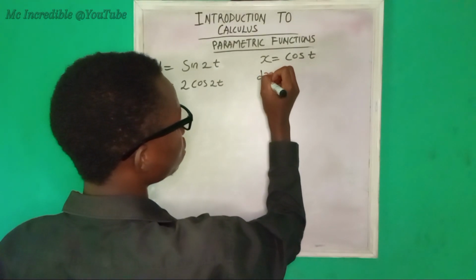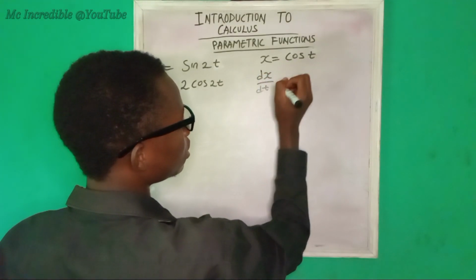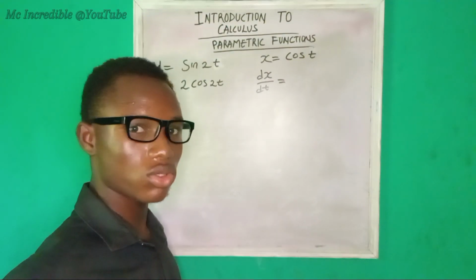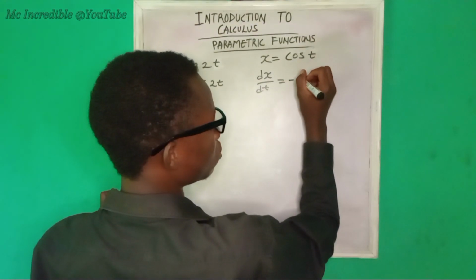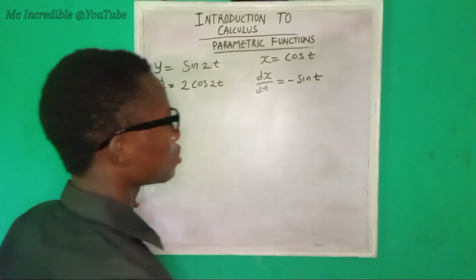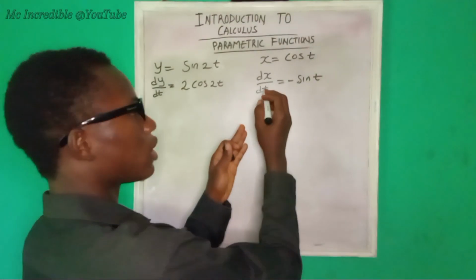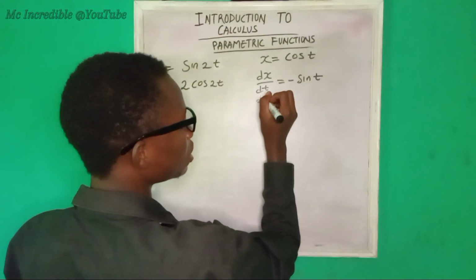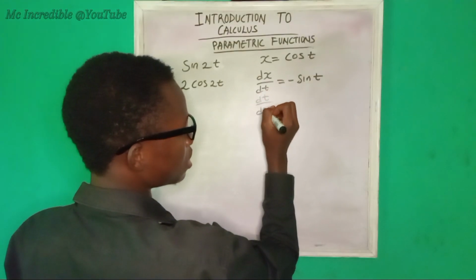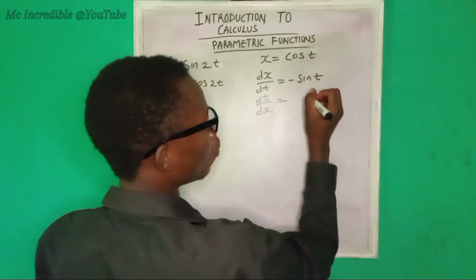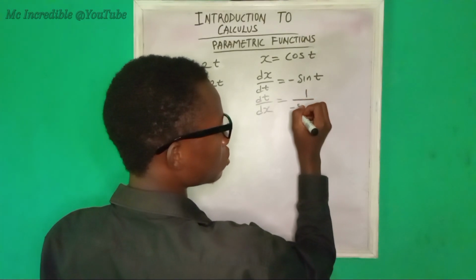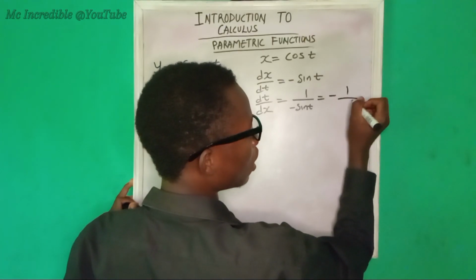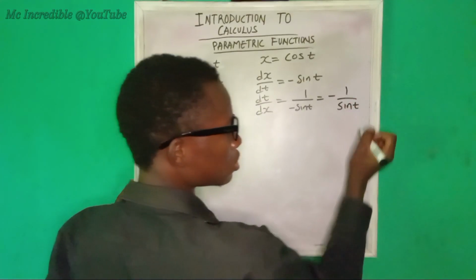Then dx/dt is equal to, the derivative of cos t is minus sine t. So when we have our dx/dt, we are going to find dt/dx, which is 1 over minus sine t, which is equal to minus 1 over sine t.